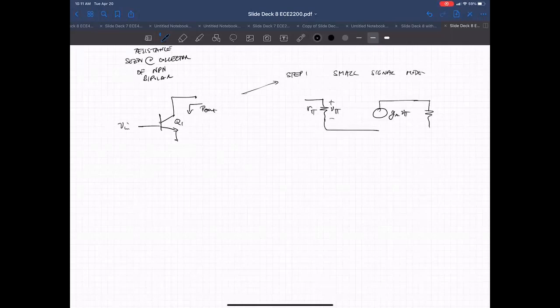We have our early voltage resistor, R sub 0. The emitter is grounded. So that's our small signal model. And step two, let's copy this over.